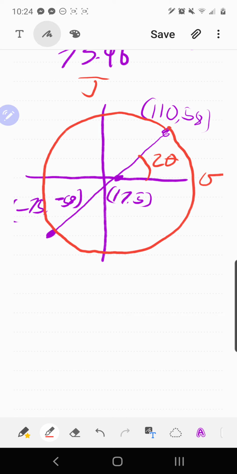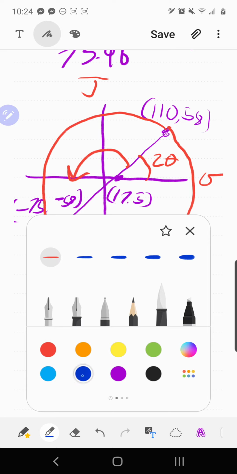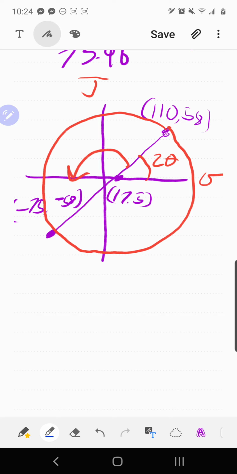So what we want to do is find out what the angle is going to be as it rotates around to the other side of the axis. So if we also call this 2 theta, we can find out.